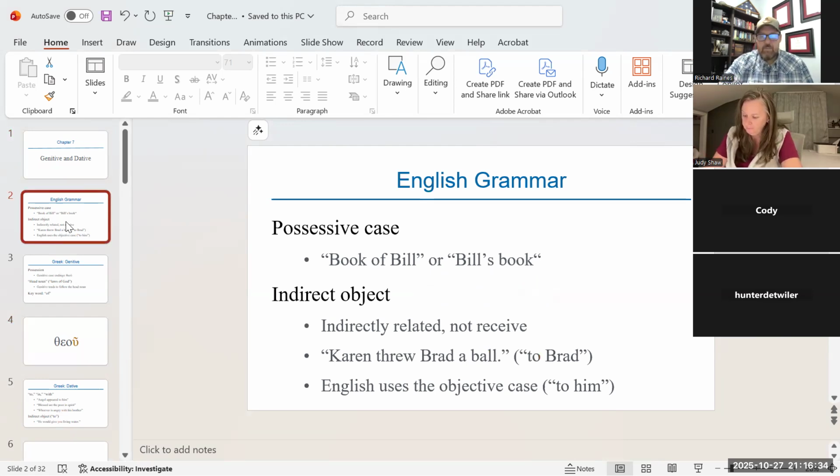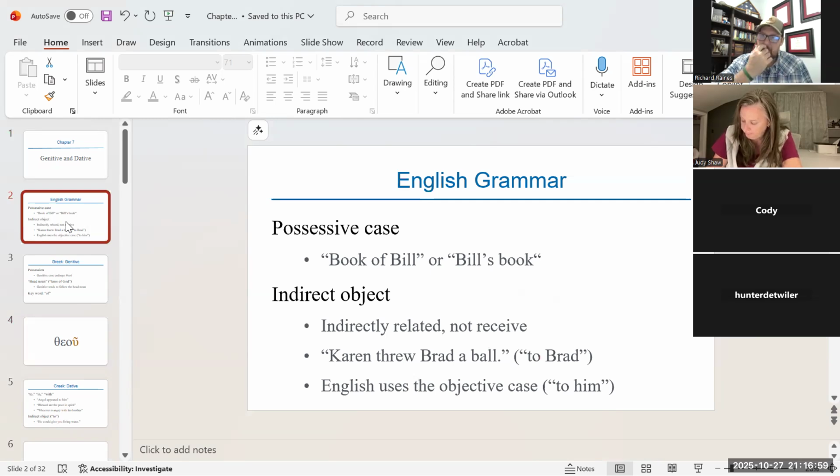The indirect object, you're going to translate for the most part by adding the word to in front of it. So if you're reading through Matthew and it says Jesus spoke to the crowd, to the crowd is one word that appears in the dative case.